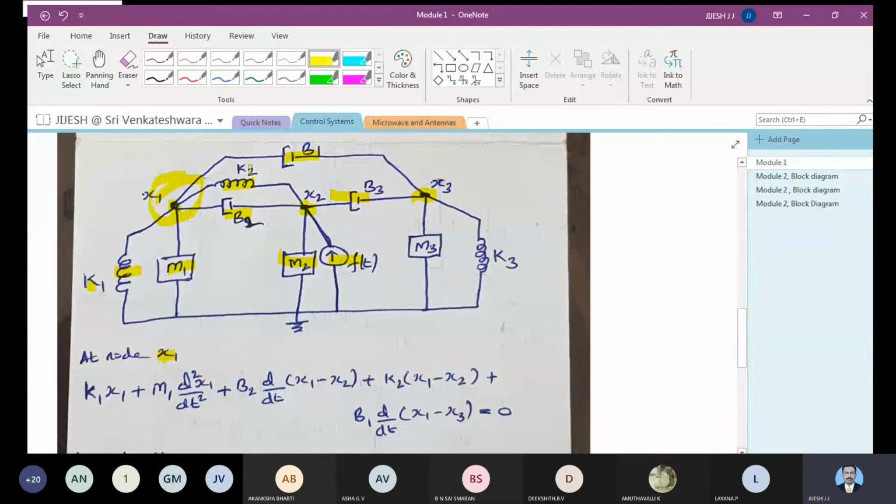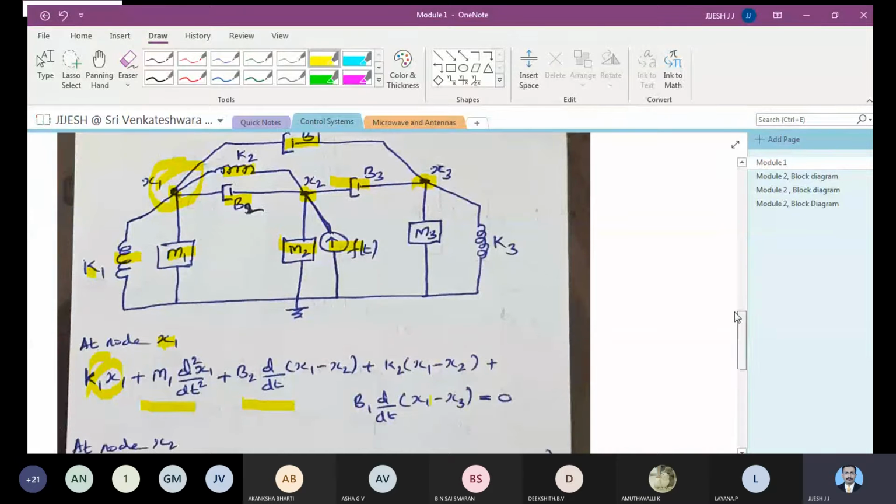So the first equation for K1 will be K1 x1, and the next one will be for M1 d square x1 by dt square, B2 d by dt of x1 minus x2 and so on. You'll get equal to 0 because the force term is not connected to x1. This problem we have actually done in the previous class. I am just briefing you on what we did in the previous class.